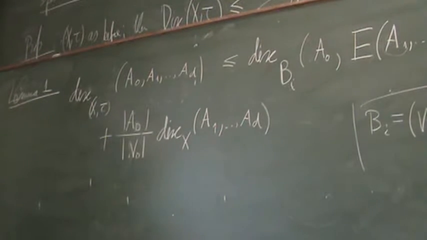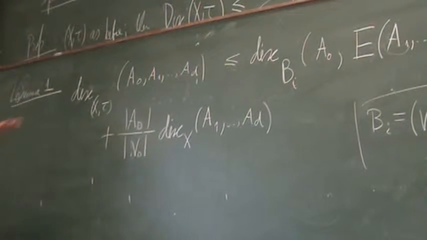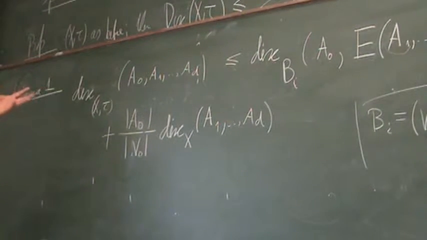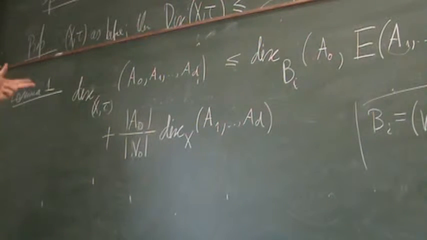Now, I wrote the lemma in this way with the 0 because I didn't want to make too many notations, but we are going to use it also with different indexes, and you will understand that this is exactly the same thing. Okay, we'll come to it.